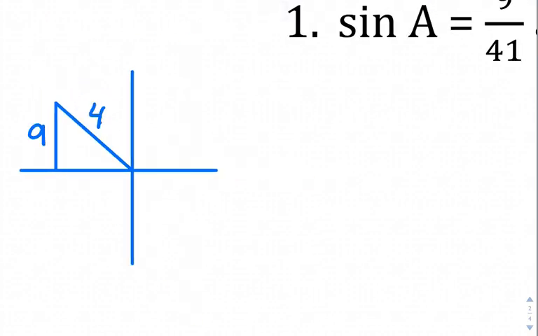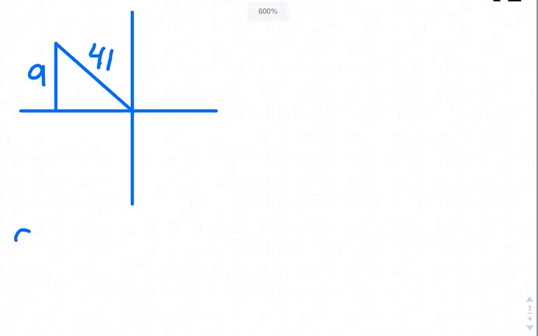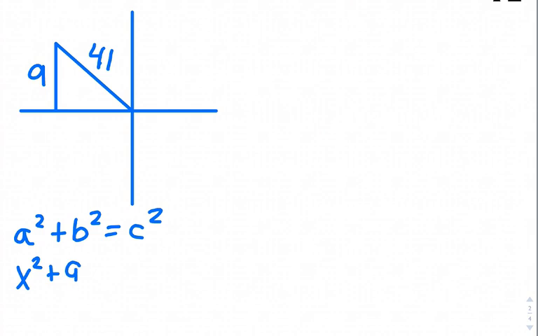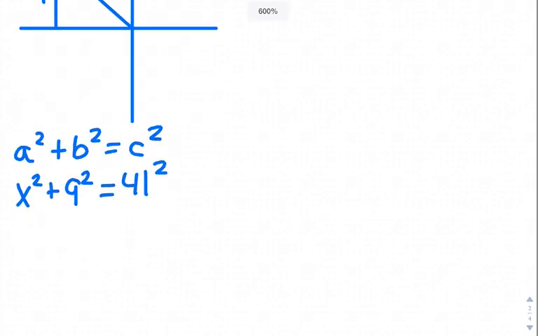So the opposite side is going to be 9. My hypotenuse is 41. And then remember, to find that missing side, you can do the Pythagorean theorem here. So I'm just trying to find my adjacent side, so that's going to be my A, and then my hypotenuse is my C. So this would be x squared plus 81 equals 1681.